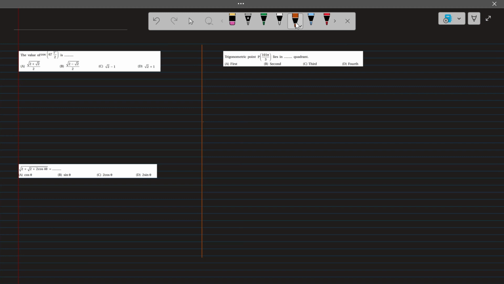We have to find the value of cos 67 and 1 by 2, that is 67.5 degrees. We can use the identity cos 2 theta is equal to 2 cos square theta minus 1.